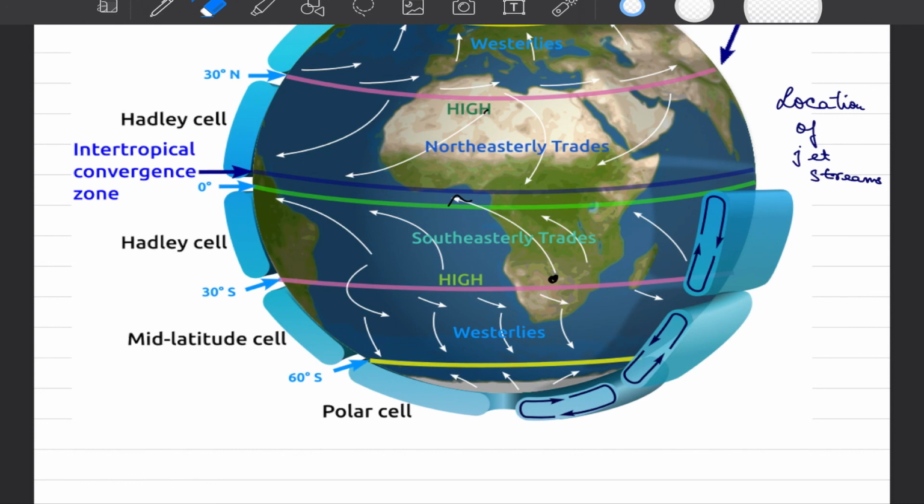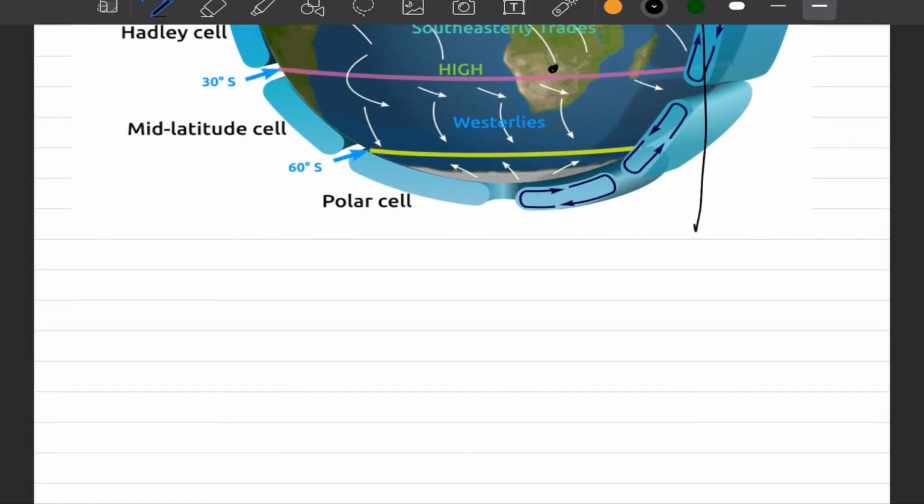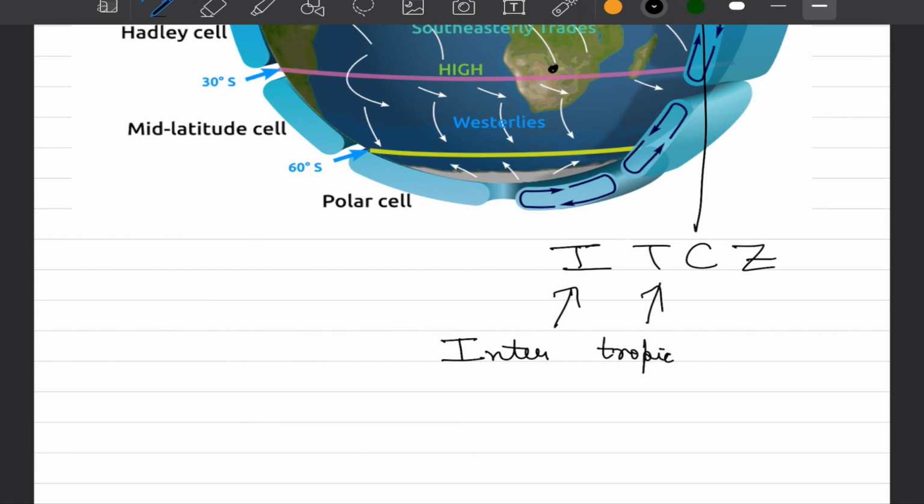Now the convergence area where these winds coming from the tropics towards the equator along the surface meet, that region is called ITCZ. This is an important terminology that we need to remember, which stands for Intertropical Convergence Zone.